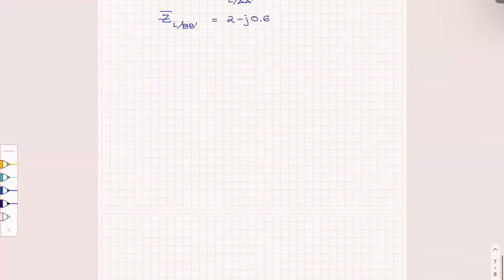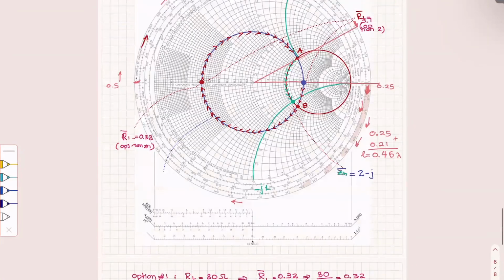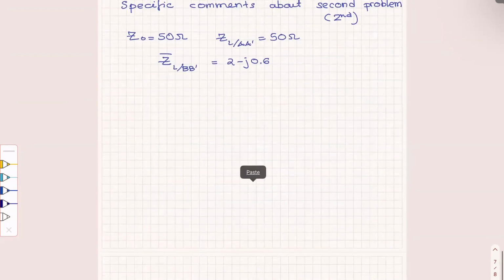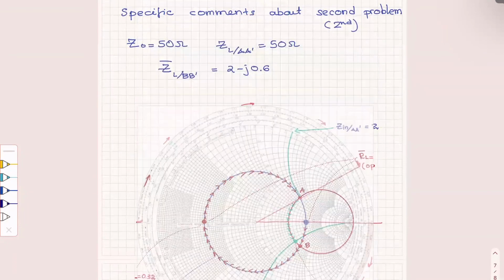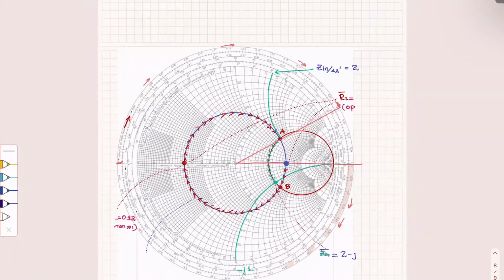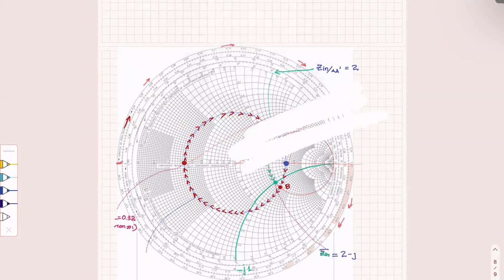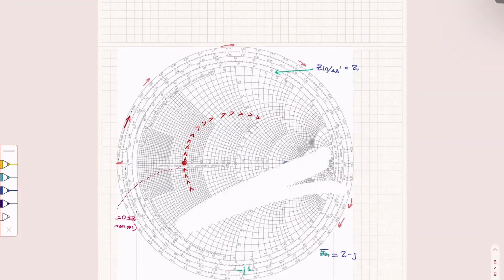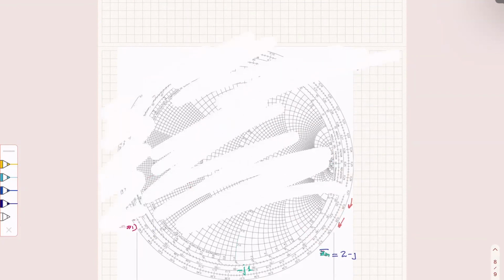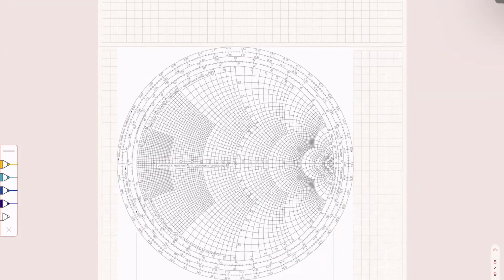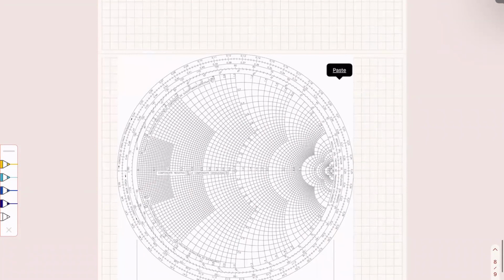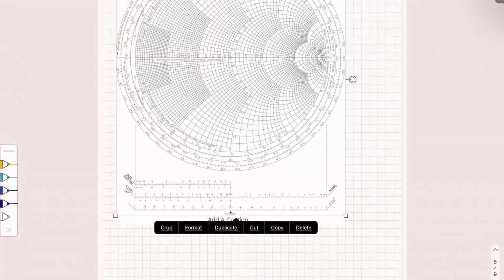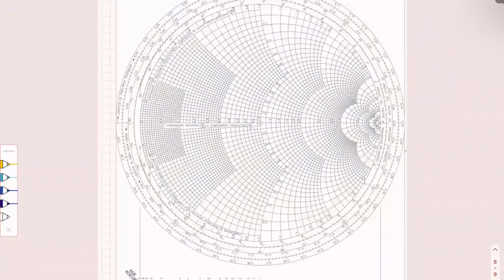So you go on the Smith chart, copy, paste, and let's clean it a little bit. Now you need to find where your load is.